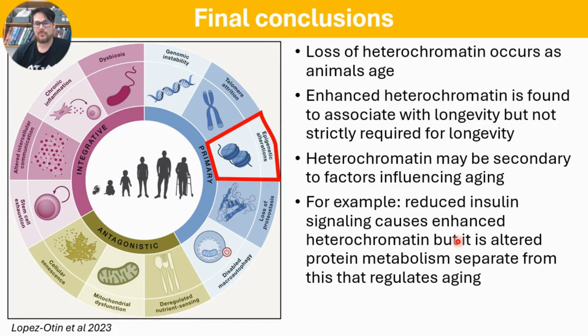And I can give you an example there. Reducing insulin signaling is well known to slow aging and increase longevity. We also show that it enhances heterochromatin phenotypes, but it may not actually be that reason that those animals live longer. It may be due to the alterations in protein metabolism that occur when there's reduced insulin signaling that causes that age-dependent regulation.